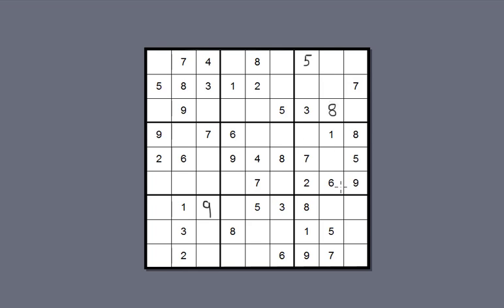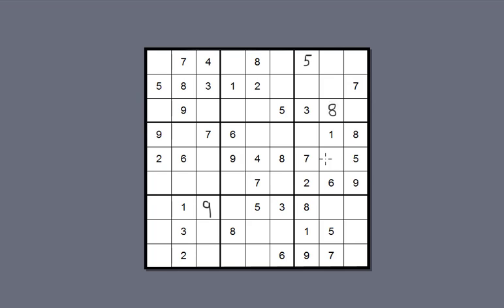So let's go through and find some more places where we can fill in numbers and logically infer where those numbers go. I'm going to start in this box to the right, because I notice there are only 2 squares left that are empty, and things are pretty limited here.